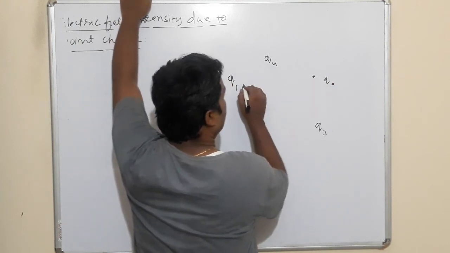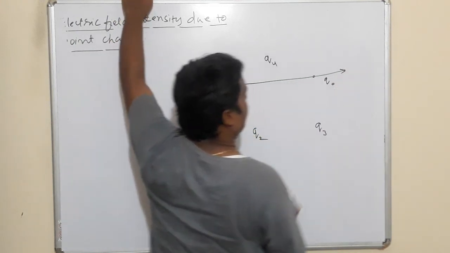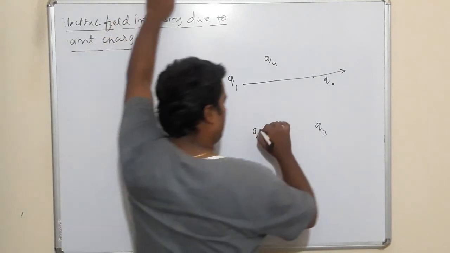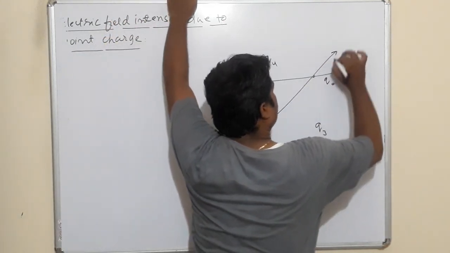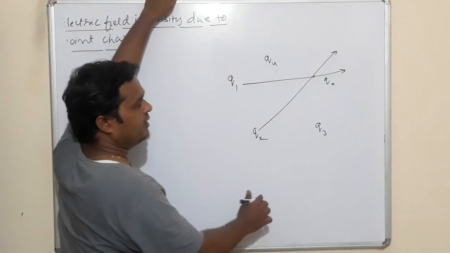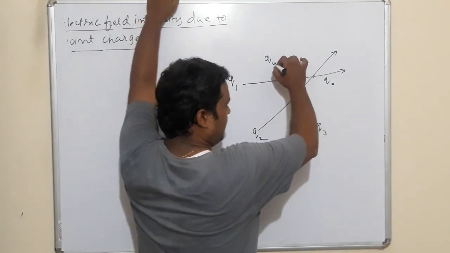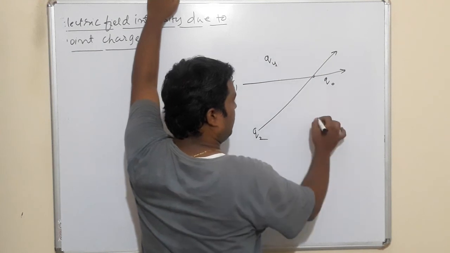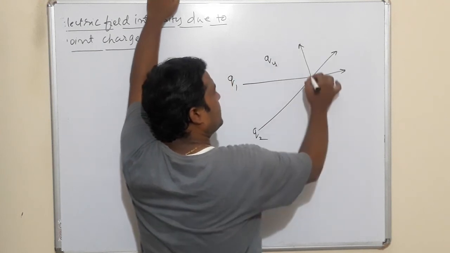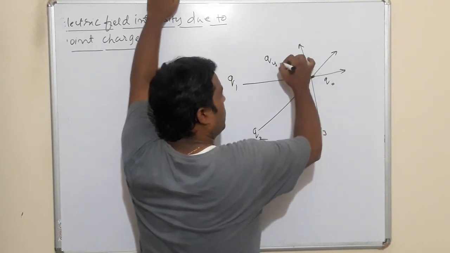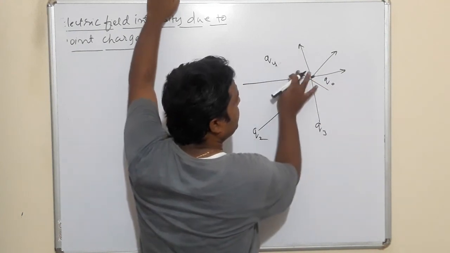This is Q1, it will exert a force in this direction. This Q2 will exert a force in this direction. It's a general case I am taking. Specifically we will discuss it for a system of 2, 3, 4 charges like that. Q3 will exert a force in this direction. Q4 will exert a force in this direction, like this.